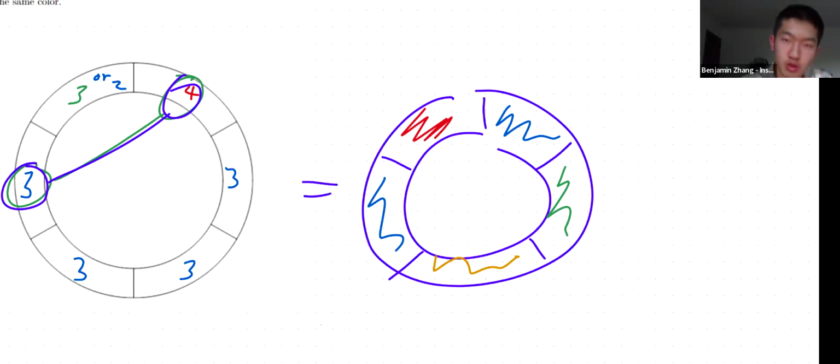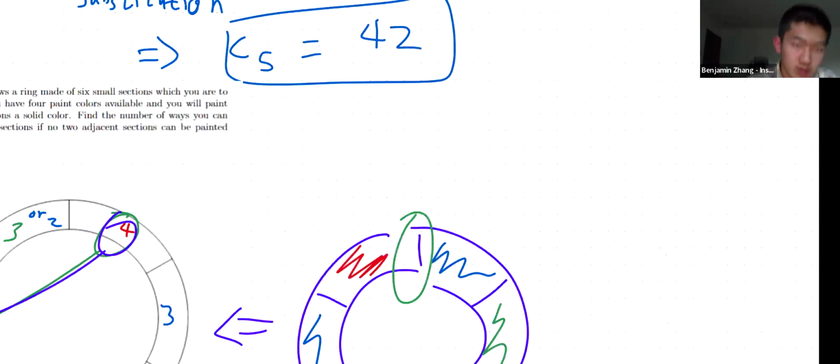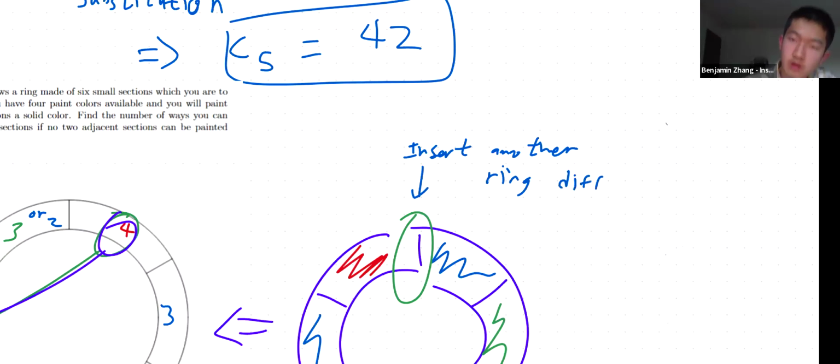The first option is to choose a section and insert another ring, another color that is different from those 2 colors. Or the second method, which is actually much more obscure.